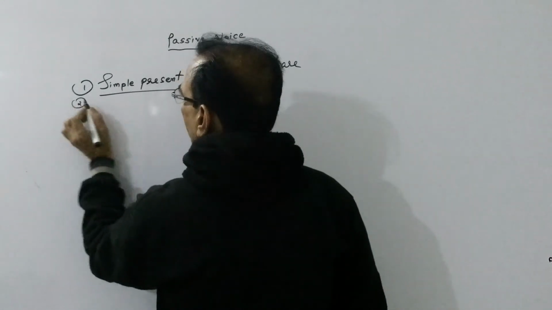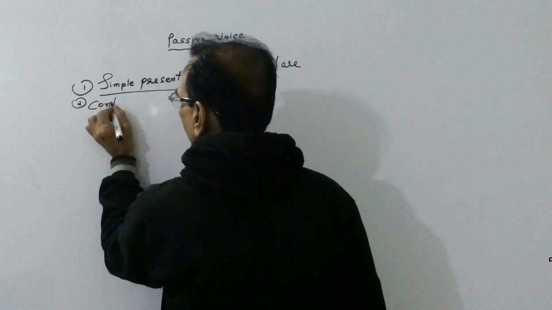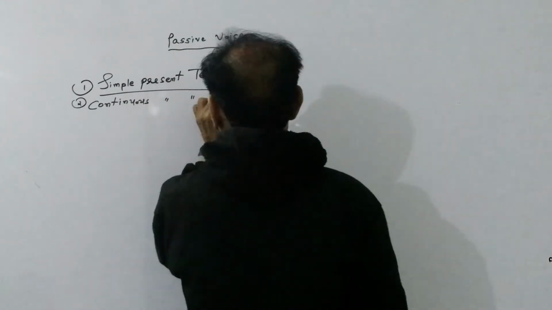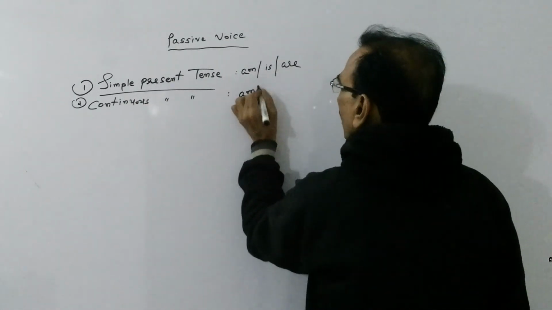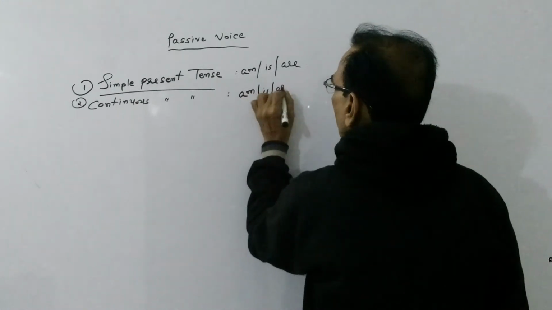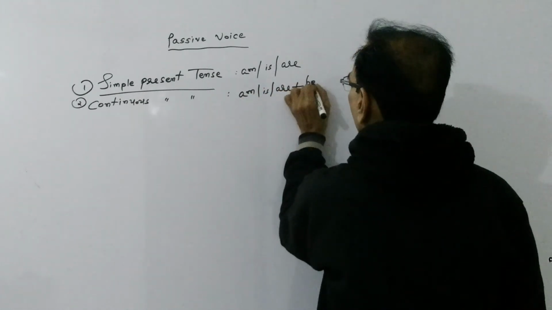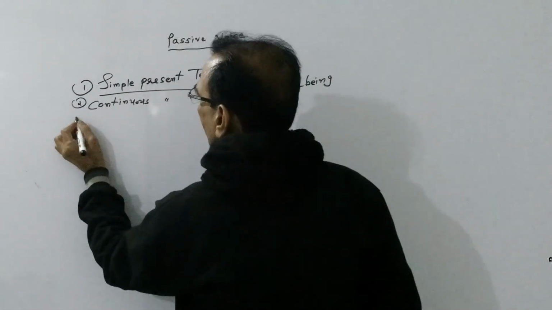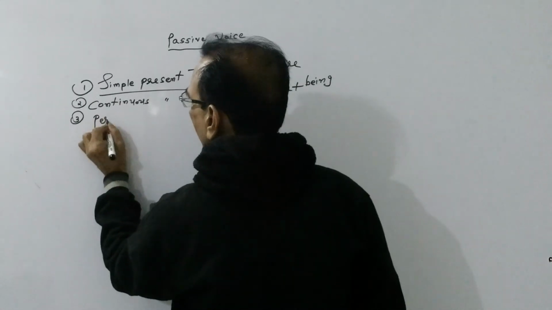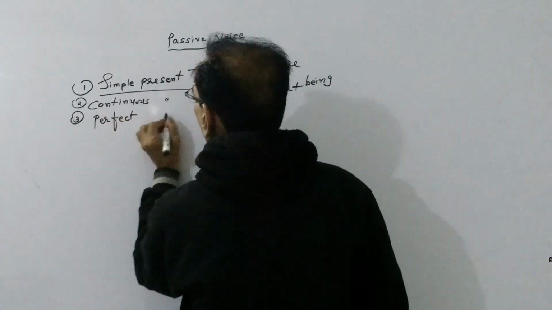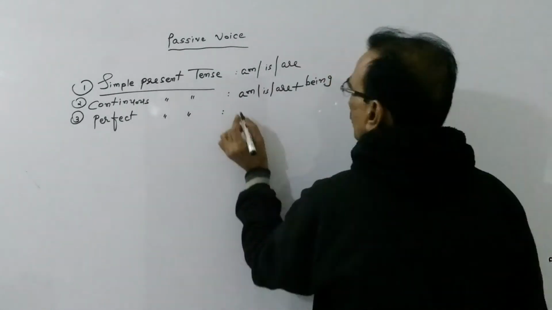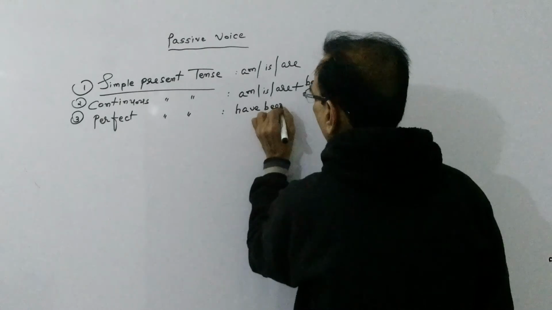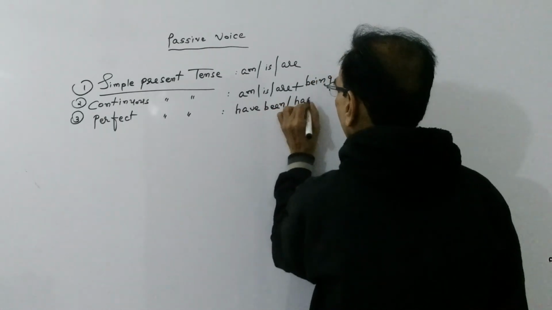Whereas in present continuous tense, we use am, is, are plus being. You note down this. Third one is present perfect tense, friends. We use have been or has been.